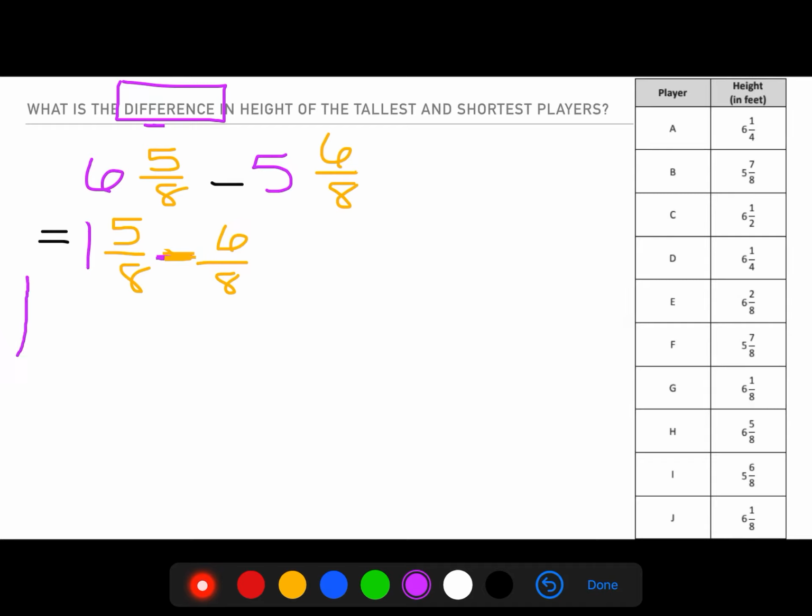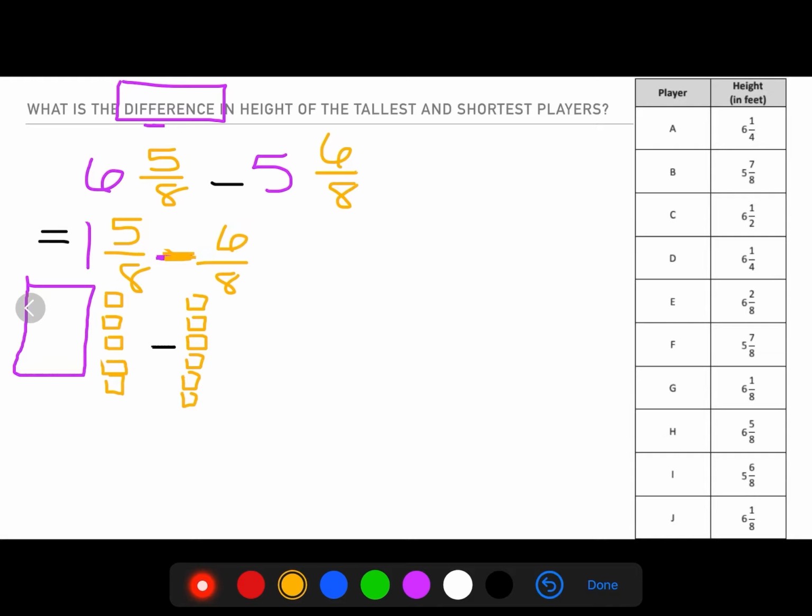Let's go ahead and represent this equation using our candy bars. Remember, one whole candy bar equals one whole. And each small piece represents 1/8 because my denominator is in eighths. And I have 5 small pieces because I have 5/8. And I'm taking away 6 of those small pieces.